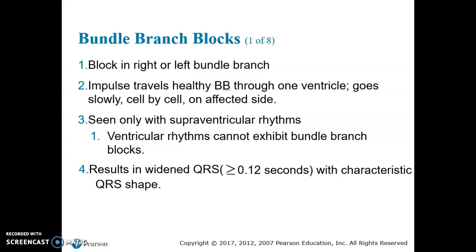They're seen often with patients who have supraventricular rhythms. Ventricular rhythms cannot exhibit bundle branch blocks, and the result is a widened QRS with characteristics in the QRS shape. So it's going to be greater than 0.12 seconds. And I think that'll make sense to you again as we move forward.